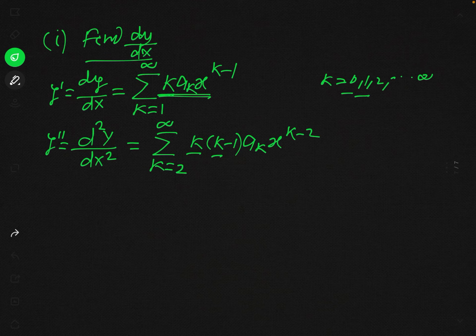If you write the limit from k equal to 0 to infinity, that will be right, but it is not advantageous, since for the first two values of k, 0 and 1, this expression will be 0. So we do not write that. We start the value of k from 2. In this way, we will find the values of y prime and y double prime.